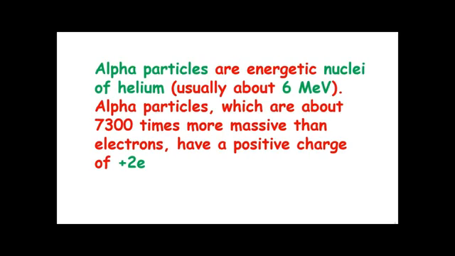Alpha particles are ionized helium atoms, that is, 2 electrons from the helium atom are removed. Usually alpha particles have energy of about 6 million electron volt. They are very massive, approximately 7300 times more massive than electrons.